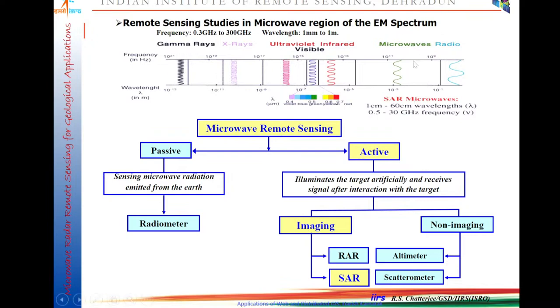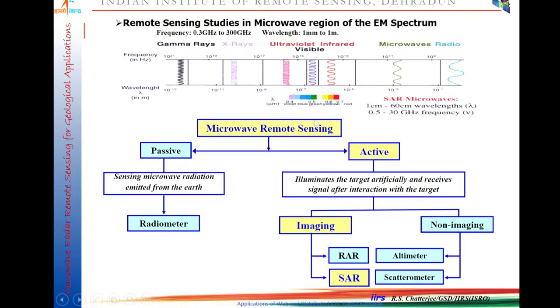So you are in a different region of the electromagnetic spectrum, where the wavelength for remote sensing is 10 to the power 4 times that of the optical region. Because of this longer wavelength, definitely there will be certain advantages, and certain limitations as well. This is one of the basic, unique properties of microwave radar remote sensing.